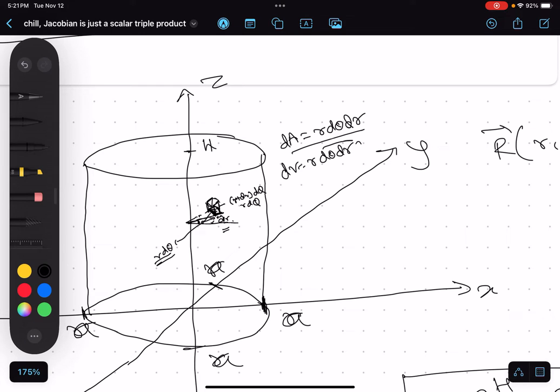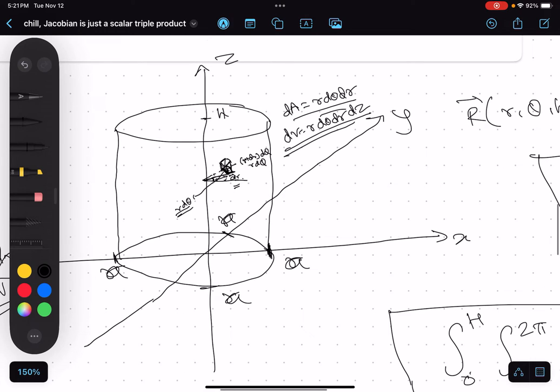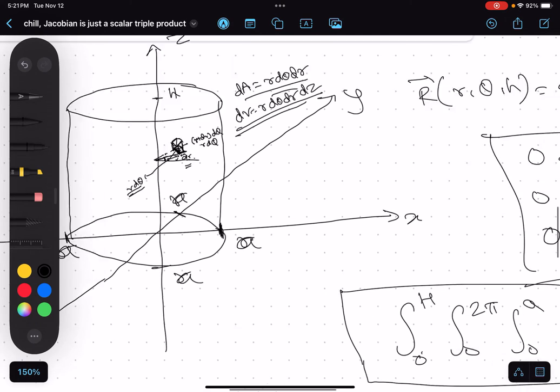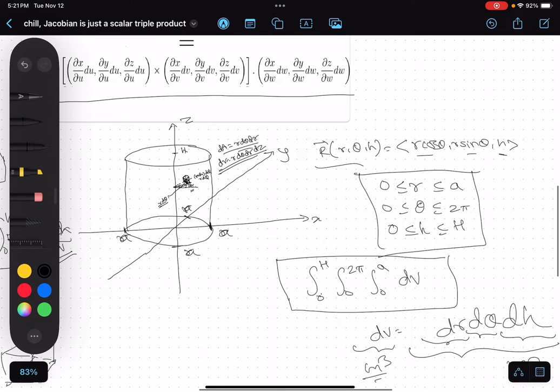Or let's say dz. So this is our dv. So to find the dv, what you do is you try to see what is the change in this r vector, like how does this r vector that's giving us the coordinates of the points change when there is a small change in theta, a small change in radius, a small change in z, and what volume does that change correspond to?